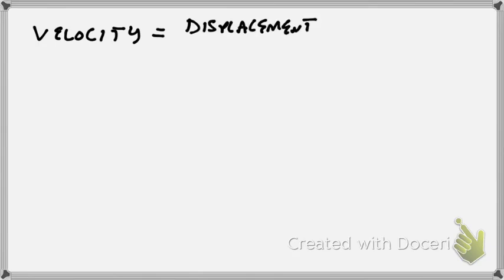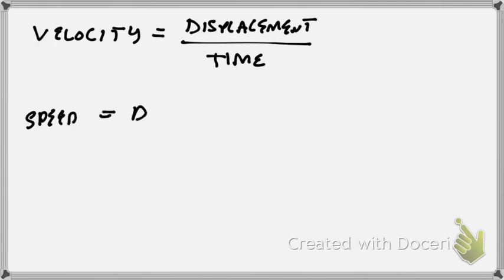So when we look at the difference between velocity, right? So velocity, we describe velocity as displacement over time. And we considered speed distance over time.